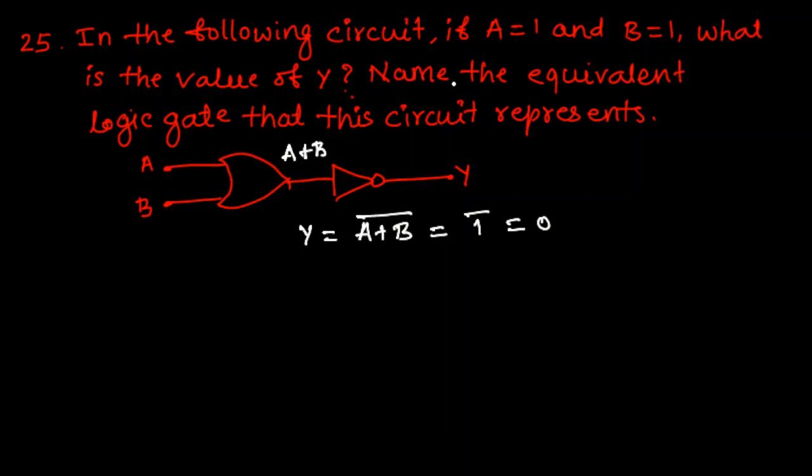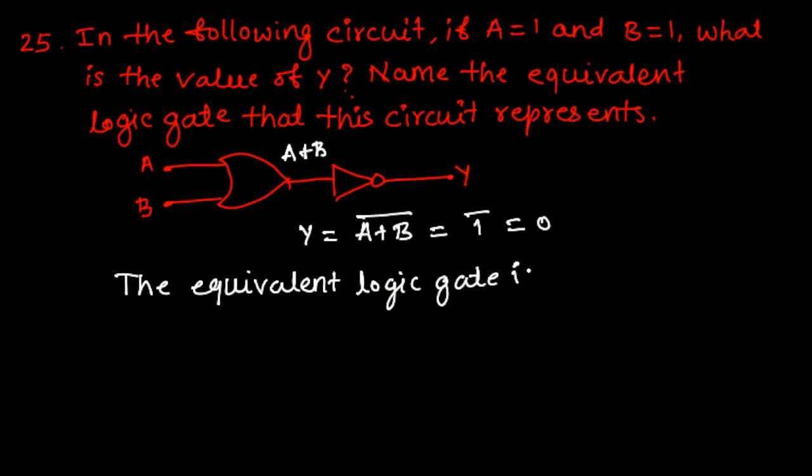Then second, name the equivalent logic gate. See, here this is the combination of OR gate and NOT gate. So OR plus NOT becomes NOR gate. So the equivalent logic gate is NOR gate.